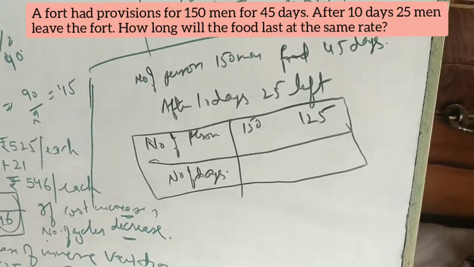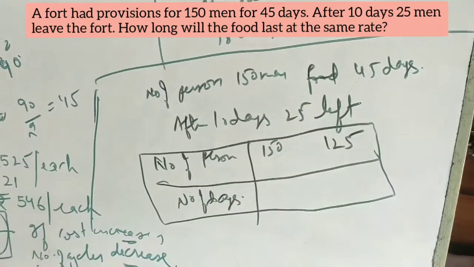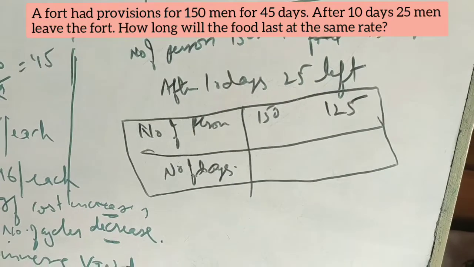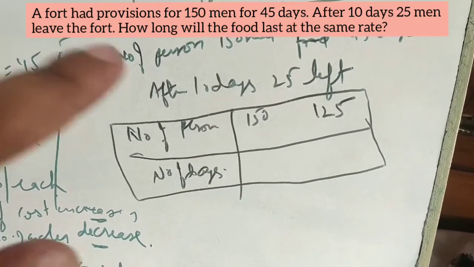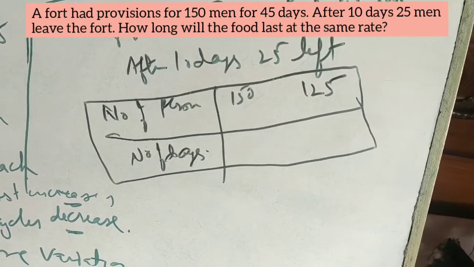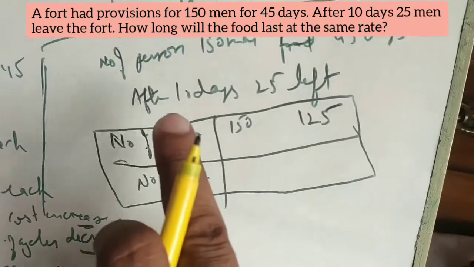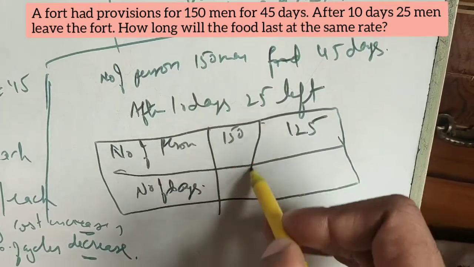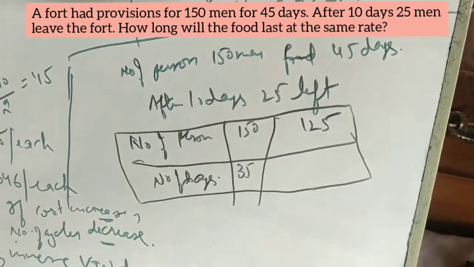Now listen, now look at the things. Earlier the food was supposed to last for 45 days. Clear? But after 10 days 25 men left. So after 10 days, the remaining food for 150 people should last for 35 days. Yes or no?